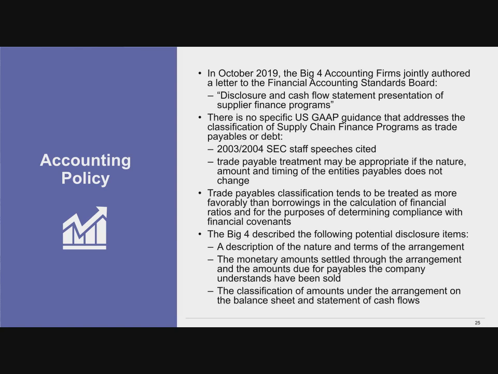And also, and probably the most important element in all of this, is whether or not the amounts put through those programs should be represented on the balance sheet and statement of cash flows as bank debt as opposed to trade debt. Now, that's still an open item. Who knows where FASB is going to come out, but this is an incredibly important item for both buyers and suppliers looking to participate in these programs.